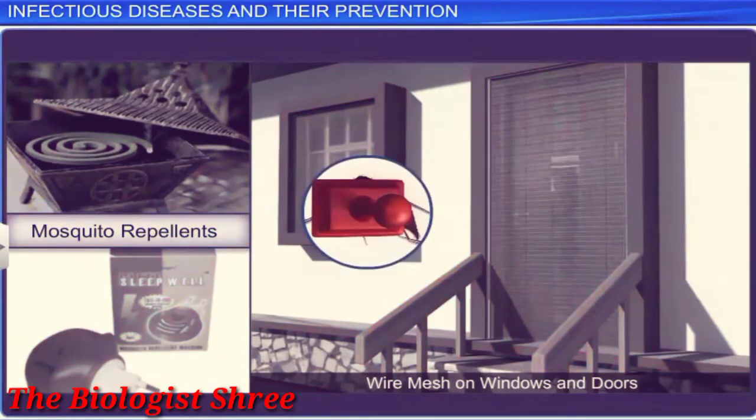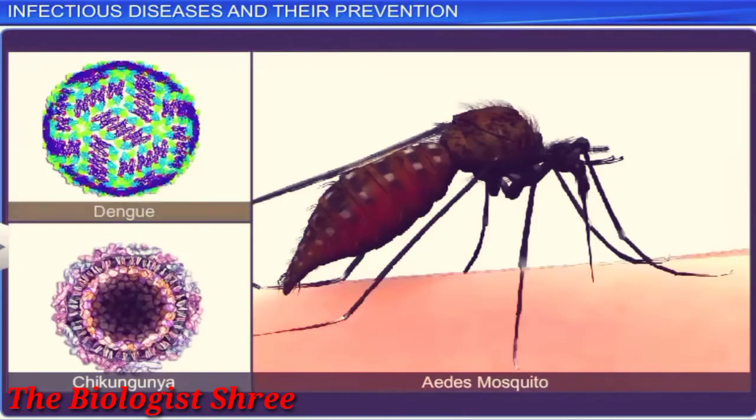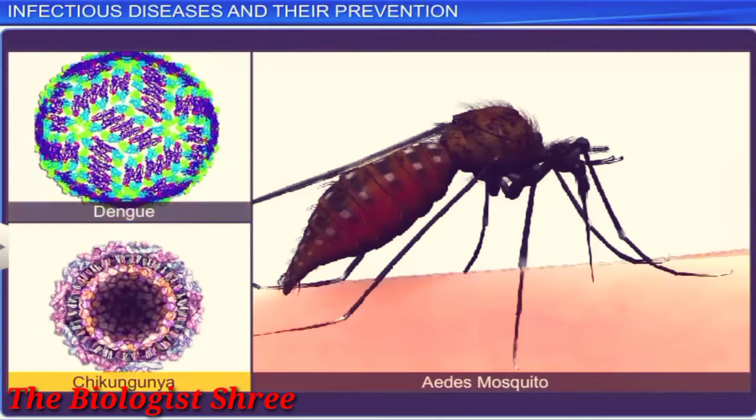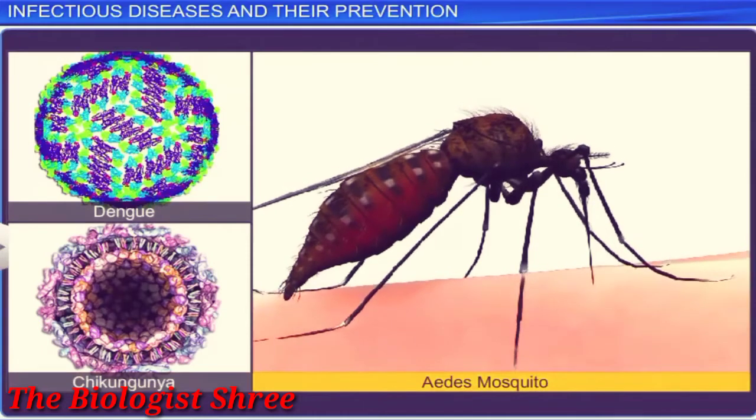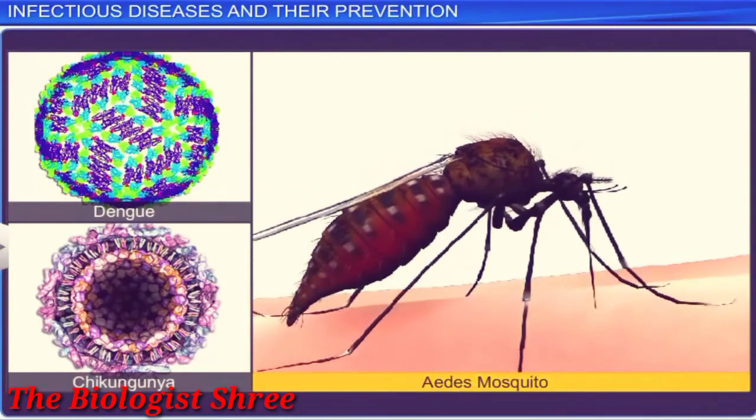Undertaking such control measures prevents the transmission of diseases such as malaria and filariasis, which are transmitted by mosquito vectors. Even diseases like dengue and chikungunya, which are transmitted by a mosquito vector called Aedes, can be avoided by implementing these control measures.